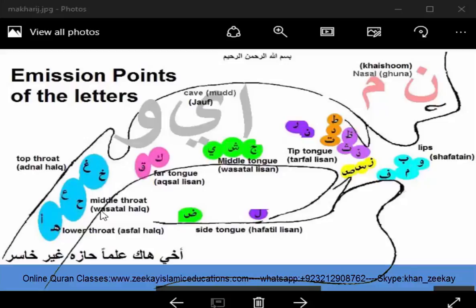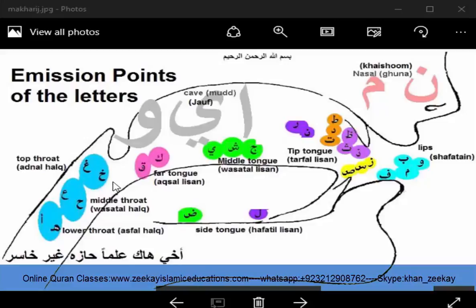The middle part is known as wastul halq, and the lower part is known as asfal halq or aqsal halq. The part which is nearer to the mouth is known as the top throat. The part which is nearer to the chest is known as the lower throat, and the middle point is known as the middle throat.